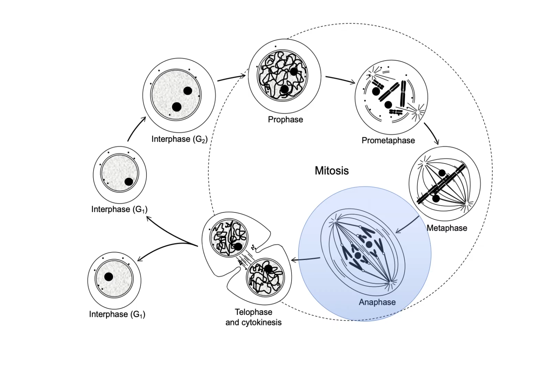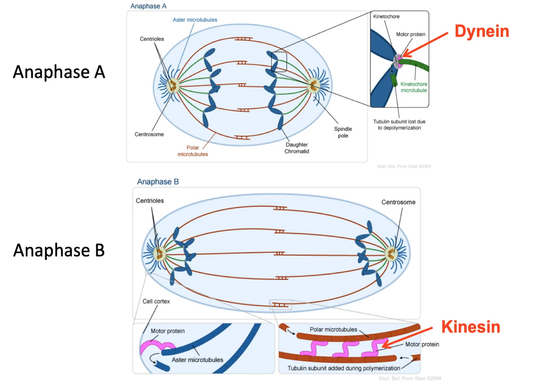So I want to describe a few more details about anaphase, because the polar and the kinetochore microtubules are doing two different things at the same time. Anaphase can be split into two parts, anaphase A and anaphase B, and they're essentially occurring simultaneously.